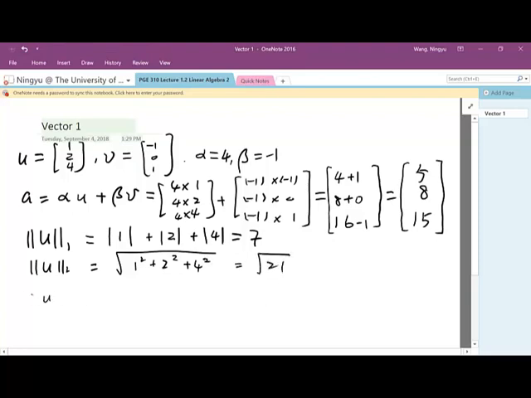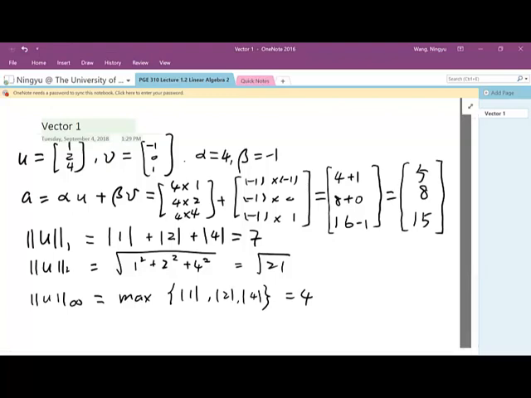And what is the infinity norm? Yes, the largest. The infinity norm is the largest absolute value of all the elements. Okay, this is what we did last time.